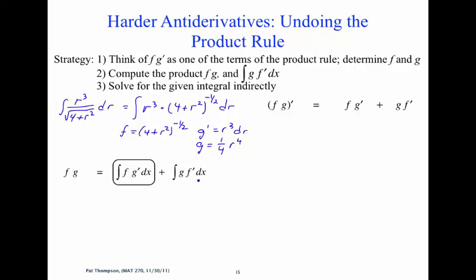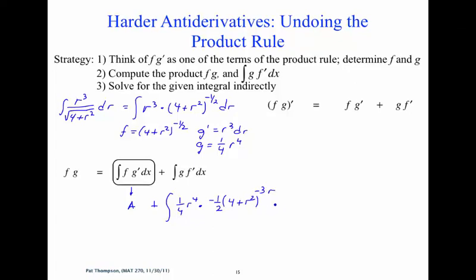Okay, so now looking ahead, we know we're solving for this right here. This is going to be our answer. Call it A. Plus the integral of g, which is 1/4 r to the 4th, times f prime. That's going to be chain rule when we do f prime: negative 1/2, 4 plus r squared to the negative 3/2.